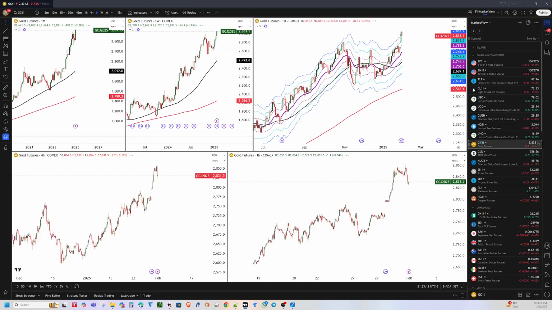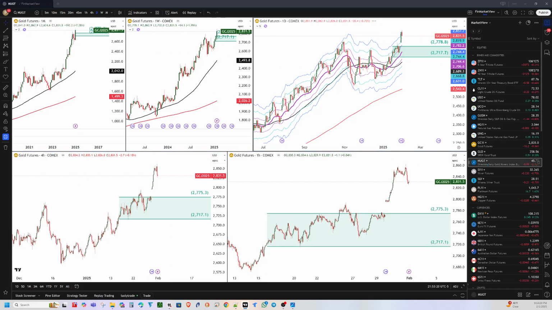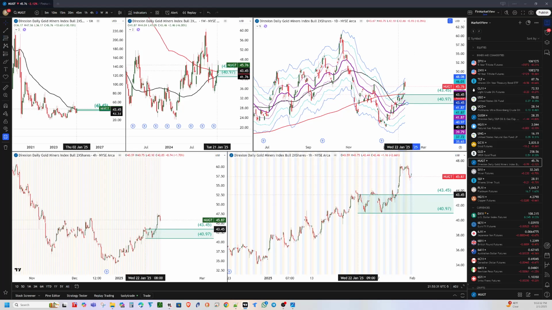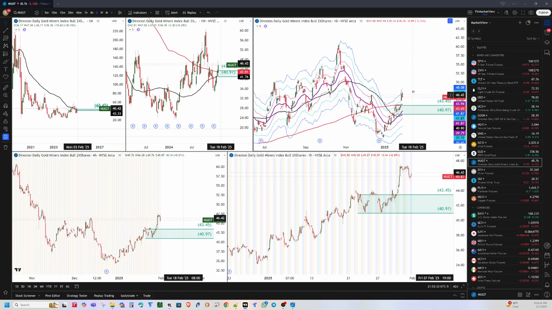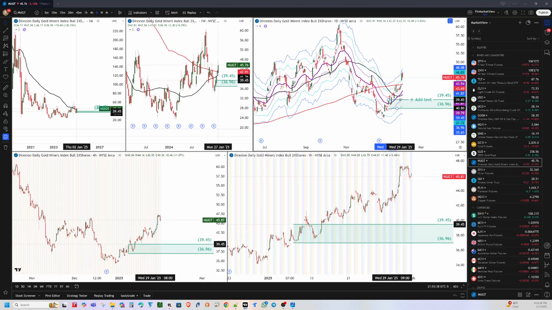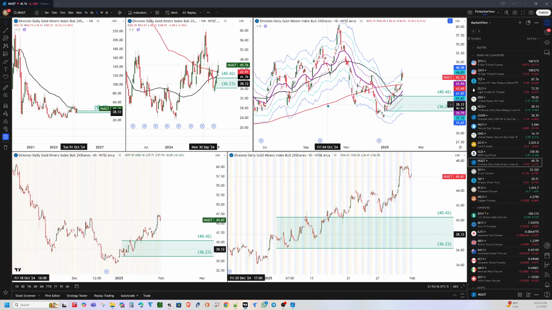If gold is coming to this 2700ish area, and then if the price comes on NUGT to this 43 area, close to this area, actually 40ish area I would say, yeah, 40 area, then I will definitely see a buy opportunity.